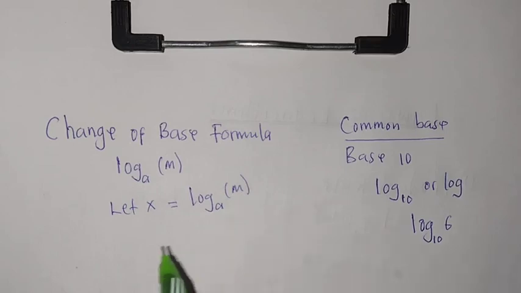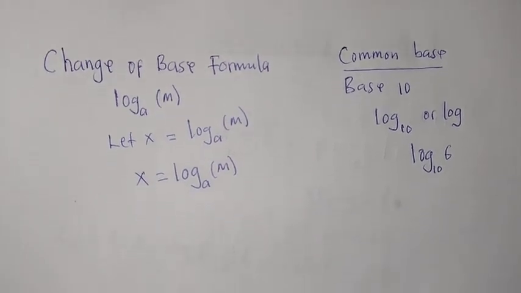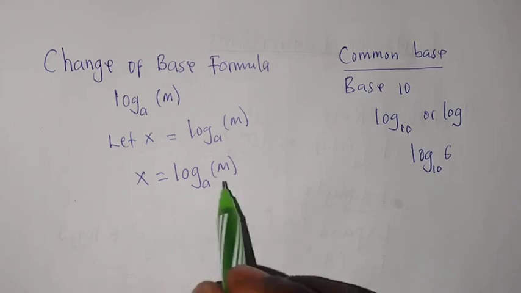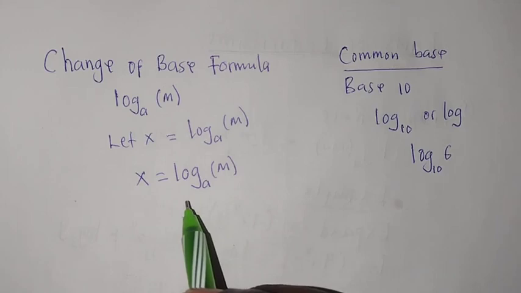So we have X equal to log in base A, then M. I want you to follow me nicely here. So this is what you have. Now, how do you change this? This is in log form. You are going to change this into exponential form.